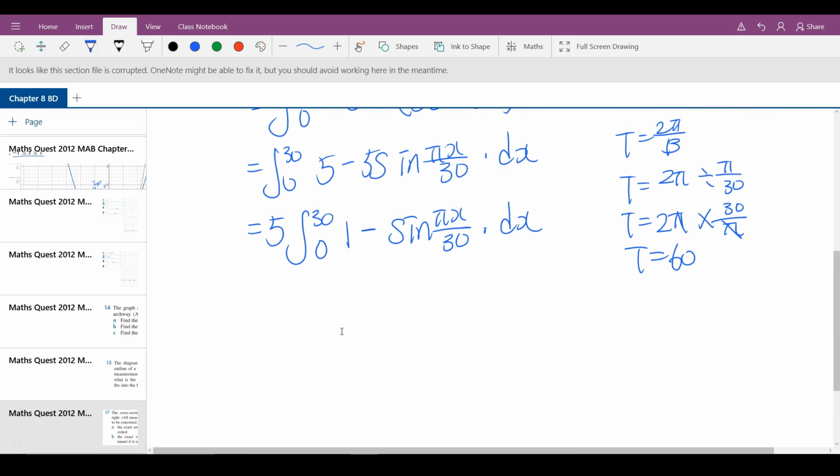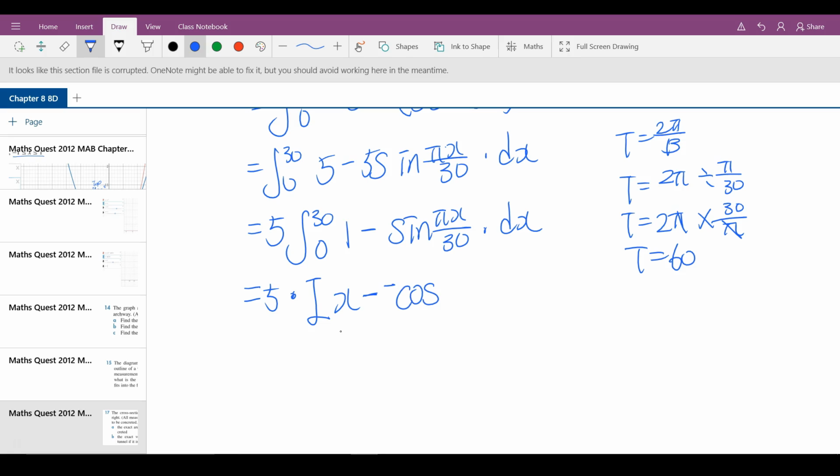Alright, let's integrate. 1 integrated with respect to x becomes x, minus sine, you integrate that, becomes negative cos. Whatever is inside the bracket never changes, and we divide by the derivative of the bracket, which is pi over 30.